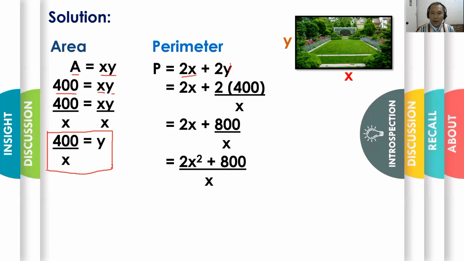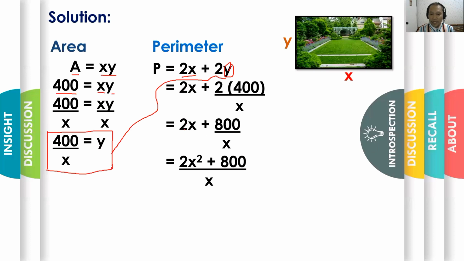Remember, our y here is equal to 400 all over x. Therefore, by substitution, 2x plus 2 times 400 all over x. Next, 2 times 400 is equal to 800 all over x.